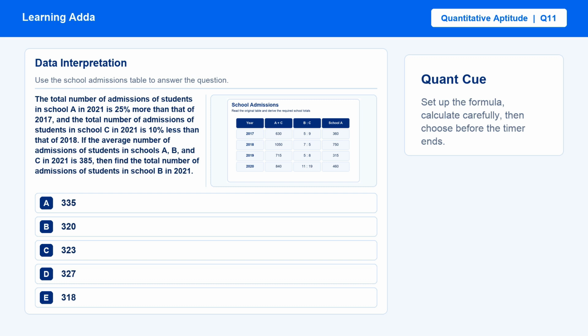If the average number of admissions of students in Schools A, B, and C in 2021 is 385, then find the total number of admissions of students in School B in 2021. Option A 335. Option B 320. Option C 323. Option D 327. Option E 318. The timer starts now.